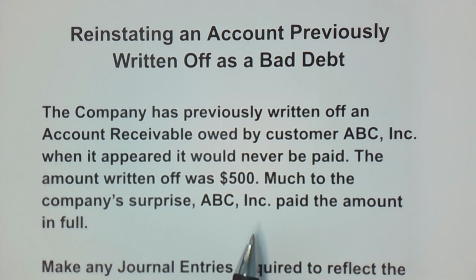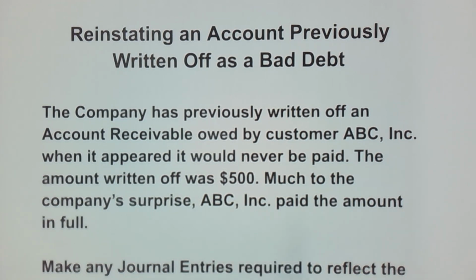It is actually a two-step process. Step one will be to reverse the entry in which the bad debt was written off. And then the second entry will be where we actually pay off the bad debt, or show that the debt, which is now good, is actually paid off.